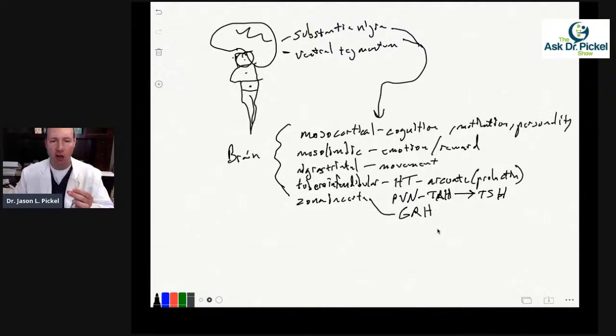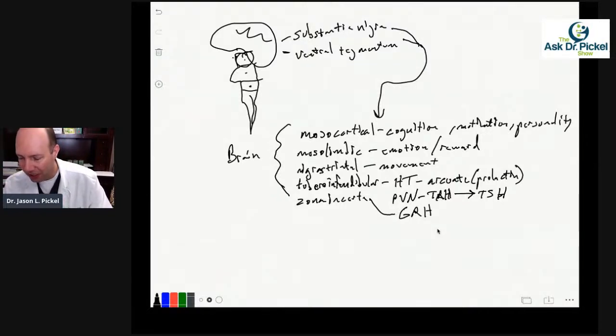Now, GRH, G stands for gonadal. And so this is the hormone that stimulates the testes or the ovaries to make hormones. So again, low dopamine, that can affect your hormone levels. So yeah, this is pretty important stuff. And so gonadal releasing hormone, if I didn't say that.